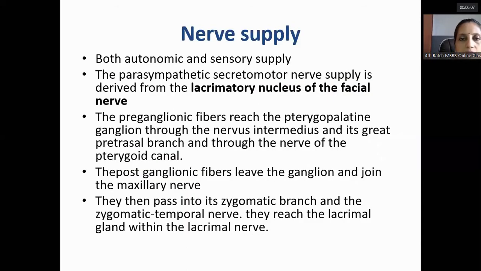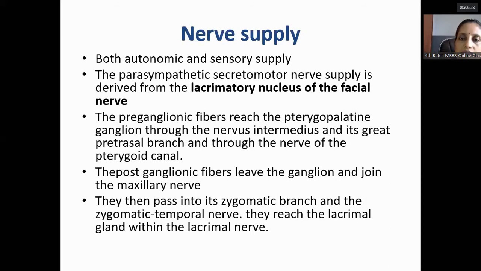The nerve supply, which we have discussed, we will discuss in more detail with the facial nerve also. It has both autonomic and sensory supply. The parasympathetic secretomotor nerve supply is derived from the lacrimatory nucleus of the facial nerve.